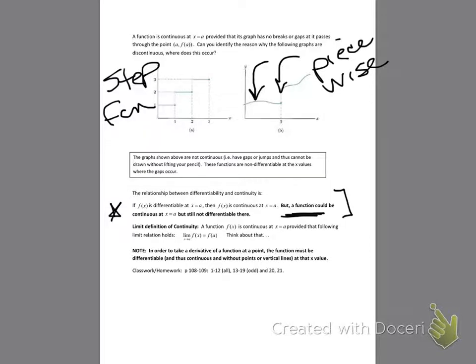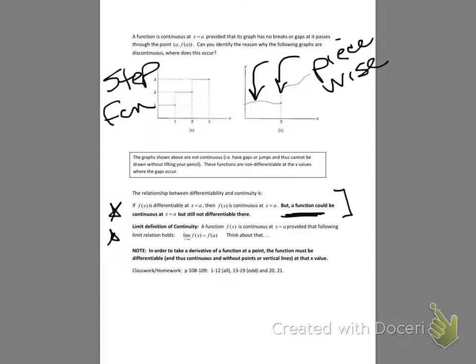Then they give us another little definition, the limit definition of continuity. A function f of x is continuous at x equals a, provided that the following limit relation holds: the limit as x approaches a of f of x has to equal f of a.